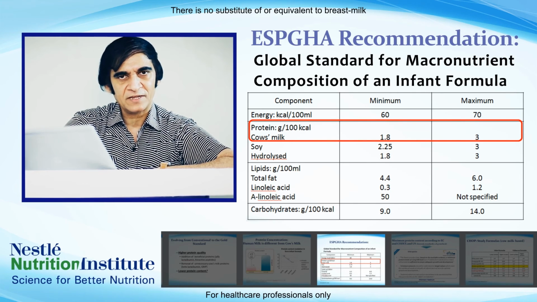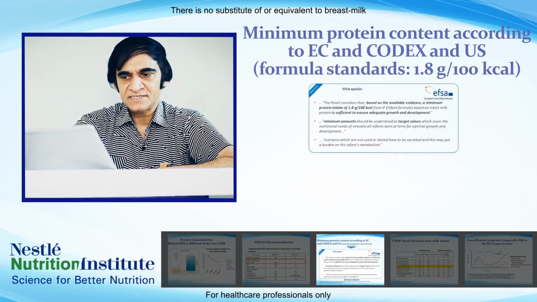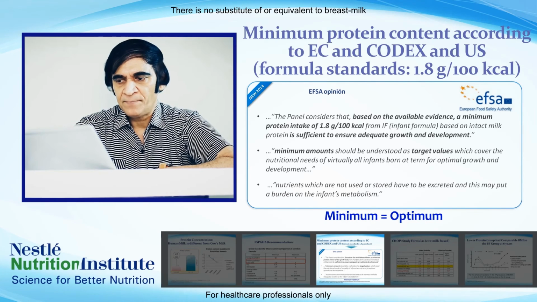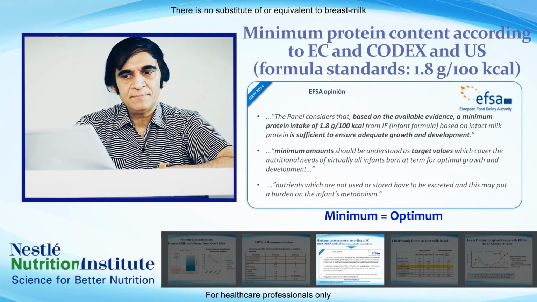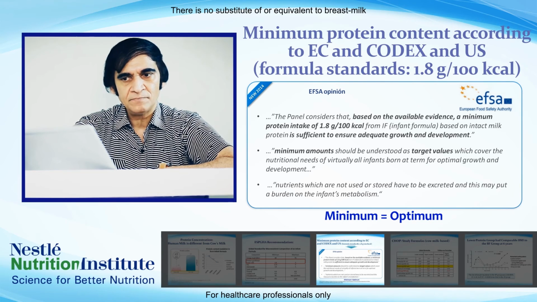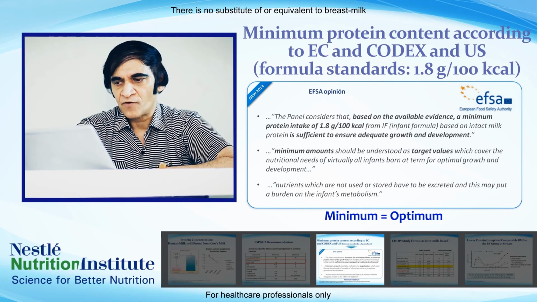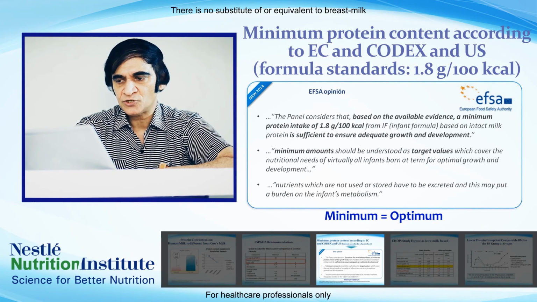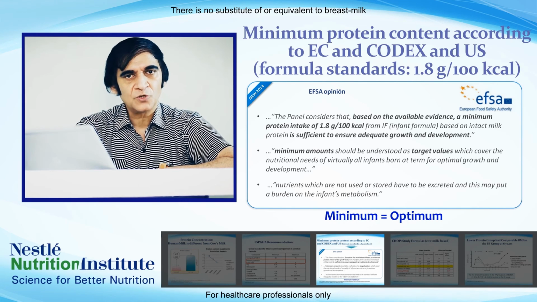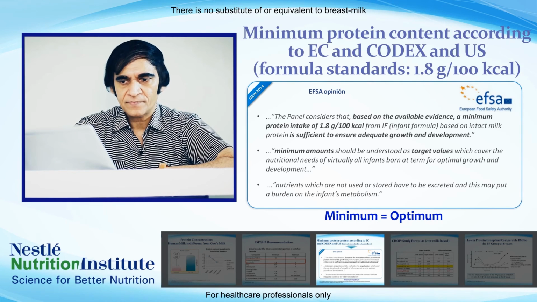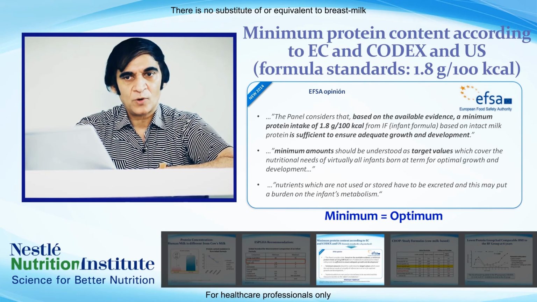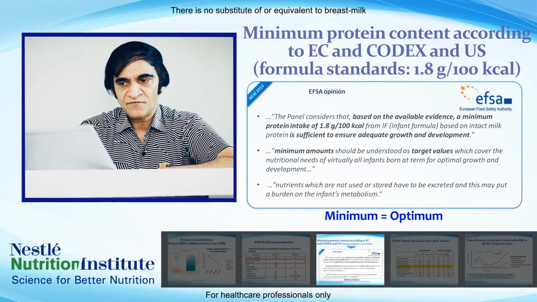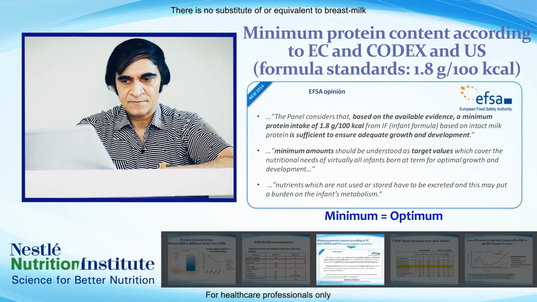gram per 100 kilocalorie. The panel considers the EFSA opinion. Based on the available evidence, a minimum protein intake of 1.8 gram per 100 kilocalorie from infant formula based on intact milk protein is sufficient to ensure adequate growth and development. So, if we can ensure the protein quantity of 1.8 gram per 100 kilocalorie in infant formula, that is sufficient to ensure adequate growth and development.